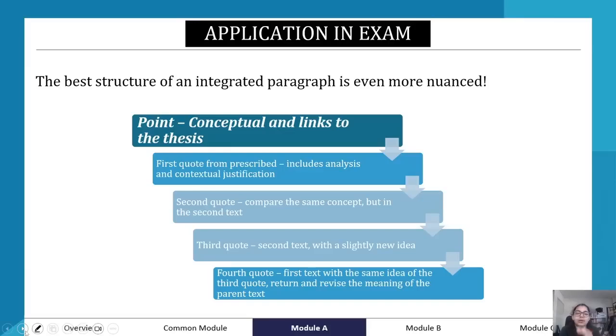Here we go. Okay, so the best structure of an integrated paragraph is even more nuanced. Within an integrated paragraph, you start off with your point. That has to be both conceptual and link to the thesis. What that means is it's talking about an idea or something portrayed in the text, so it's conceptual, but it has to link back to the thesis.